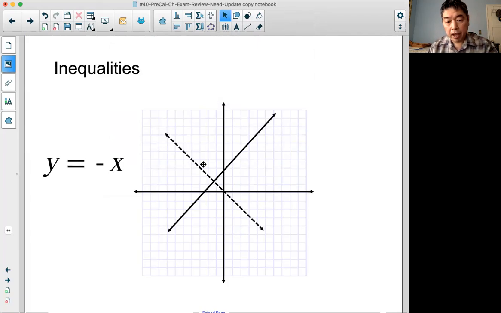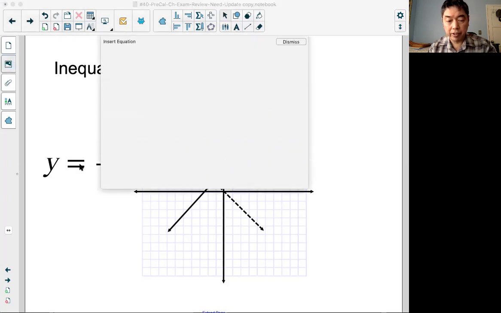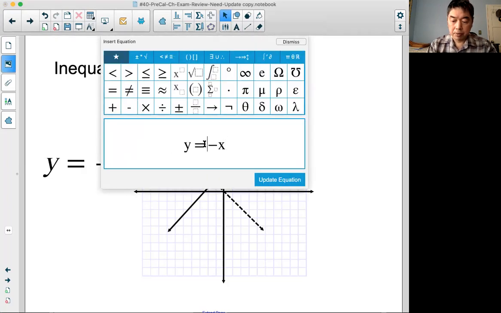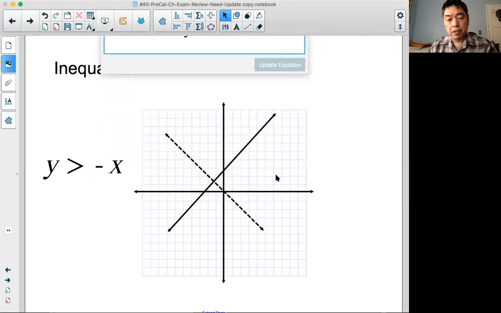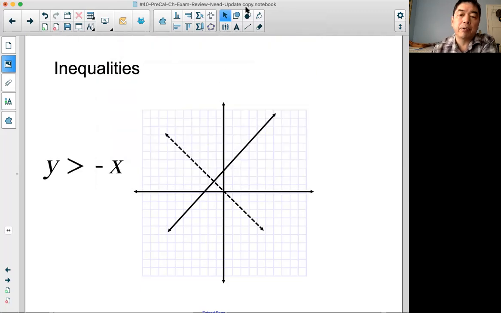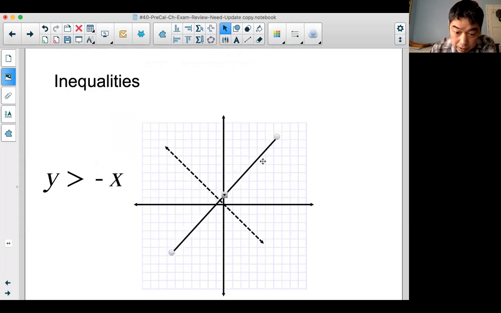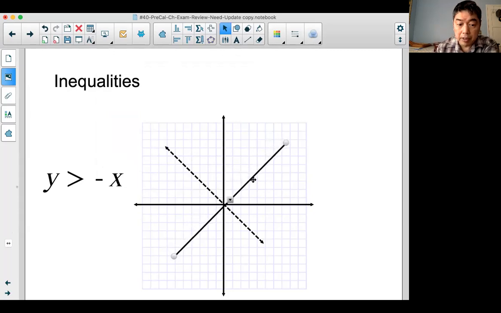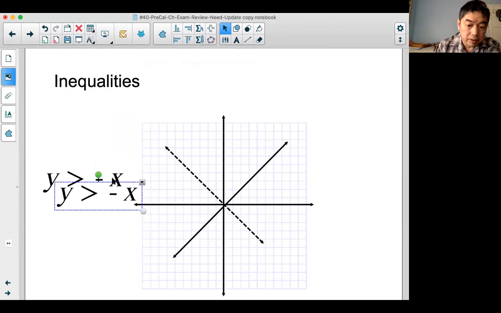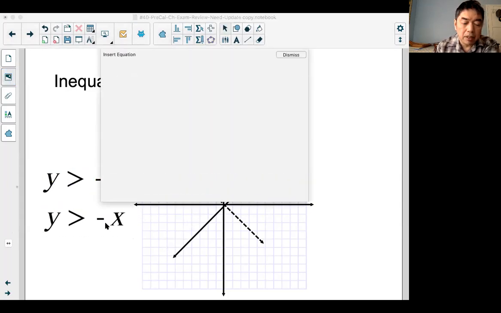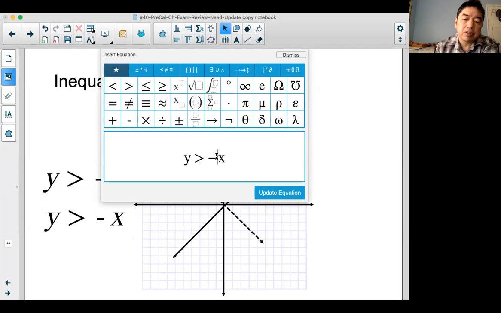If I highlight, the dotted line is y equals negative x, but if you have to change this one to greater than, you must identify where the greater side is. I made this one similar to this one, so this time y is maybe less than.